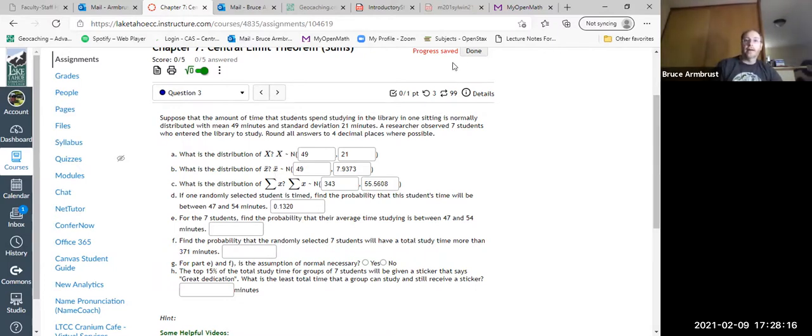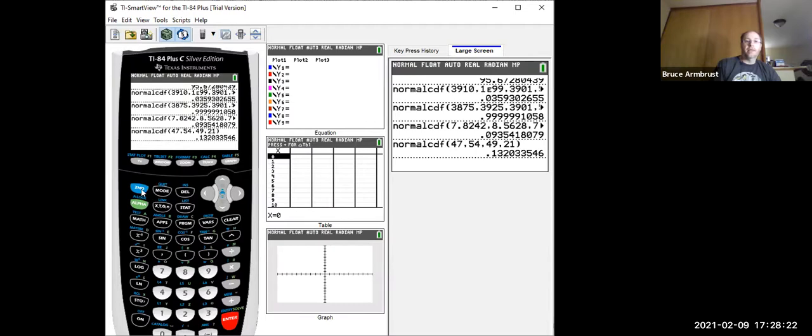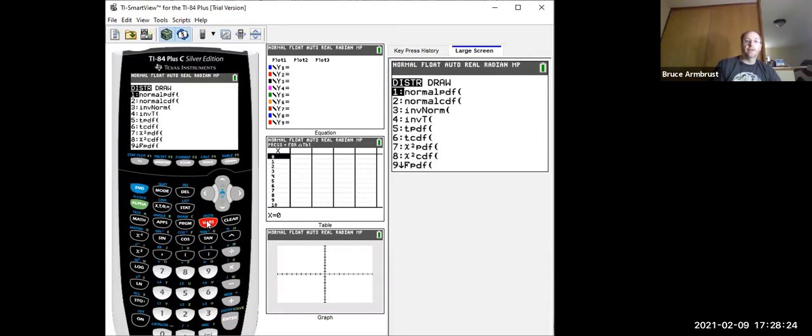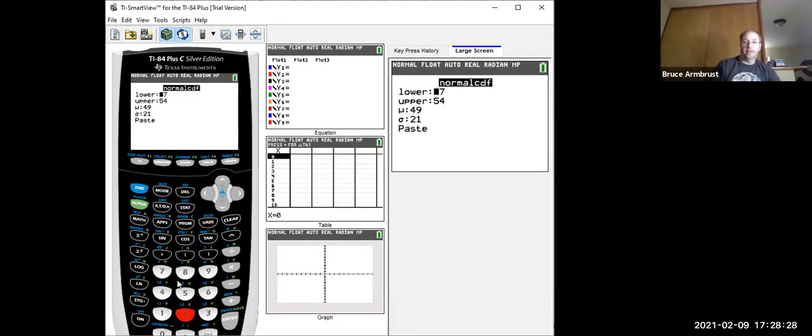All right, so let's go back to the calculator. And let's do this again. So we're going to do distribution, normal. Our lower and upper bounds are still the same. Our mean was the same, but our standard deviation was different now.